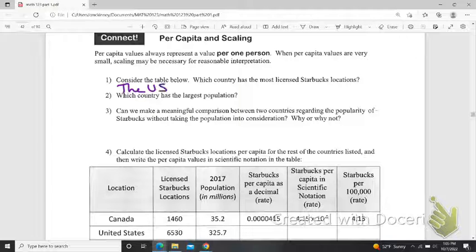So the U.S. has the most Starbucks with 6,530 Starbucks.